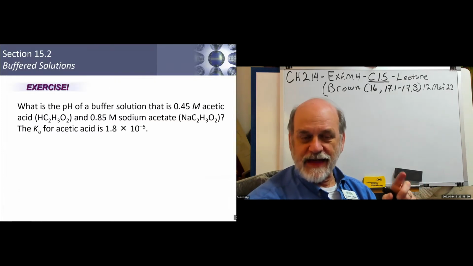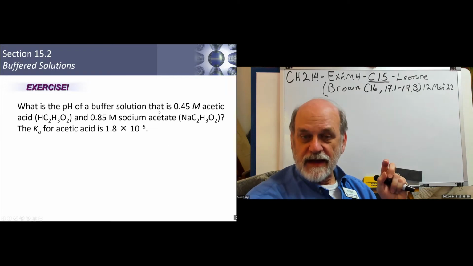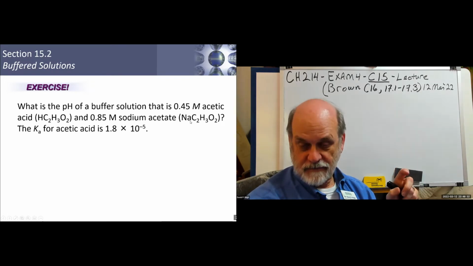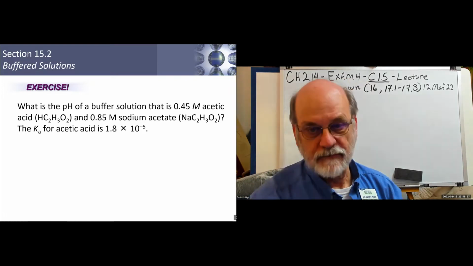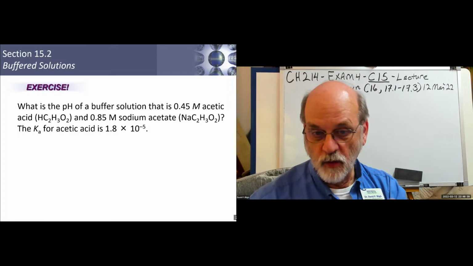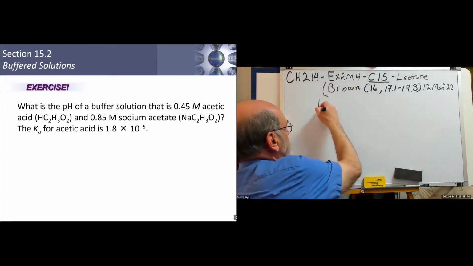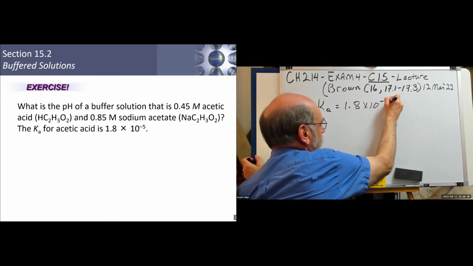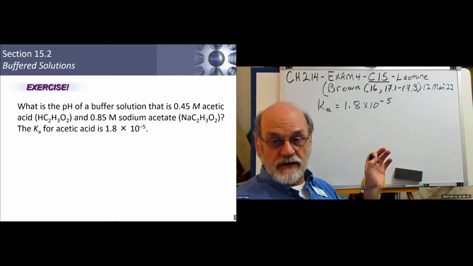Okay, so let's take this example. What's the pH of a buffer solution that is 0.45 molar acetic acid and 0.85 molar sodium acetate? Look at what you're dealing with here. You're given the Ka, 1.8 times 10 to the minus 5. That Ka value is a constant. You're given the acetic acid concentration.